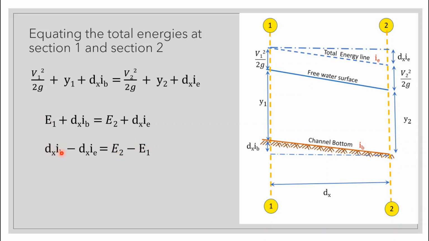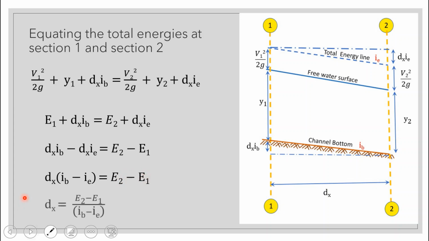So dx IB minus dx IE is equal to E2 minus E1, or dx into (IB minus IE) is equal to E2 minus E1. So dx can be written as E2 minus E1 divided by IB minus IE, or dx is equal to change in specific energy divided by IB minus IE.